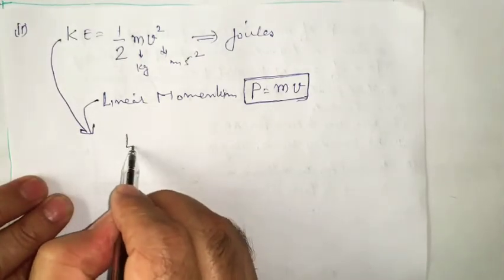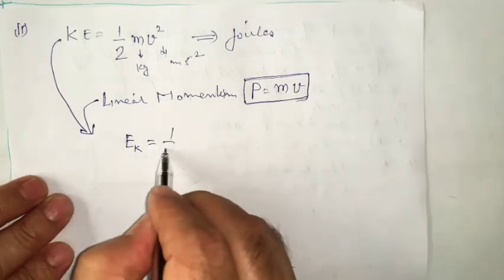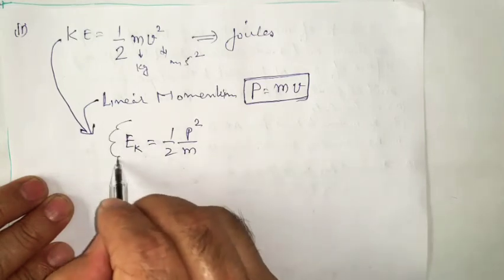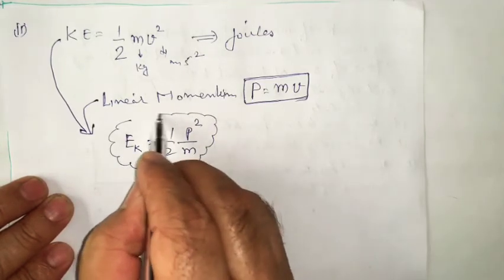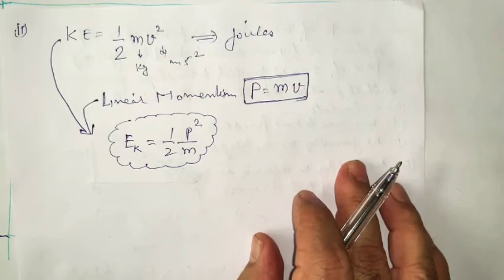If you denote the kinetic energy by EK, EK is equal to half P square upon m. Here P is the momentum, m is the mass, half is the numerical factor. So this is the relation between kinetic energy and momentum.